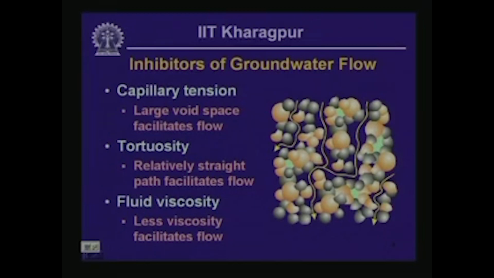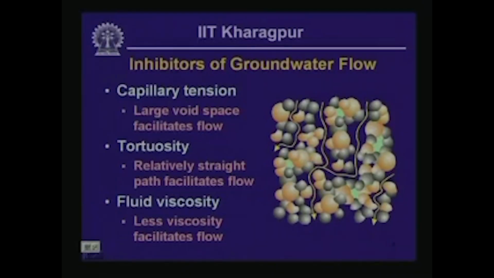If you have got a less viscous pore fluid, it is going to flow through the interconnected interstitial void space within the subsurface formation relatively easily in comparison with another fluid that has got a much larger viscosity. Okay, so these are the factors that inhibit groundwater movement.